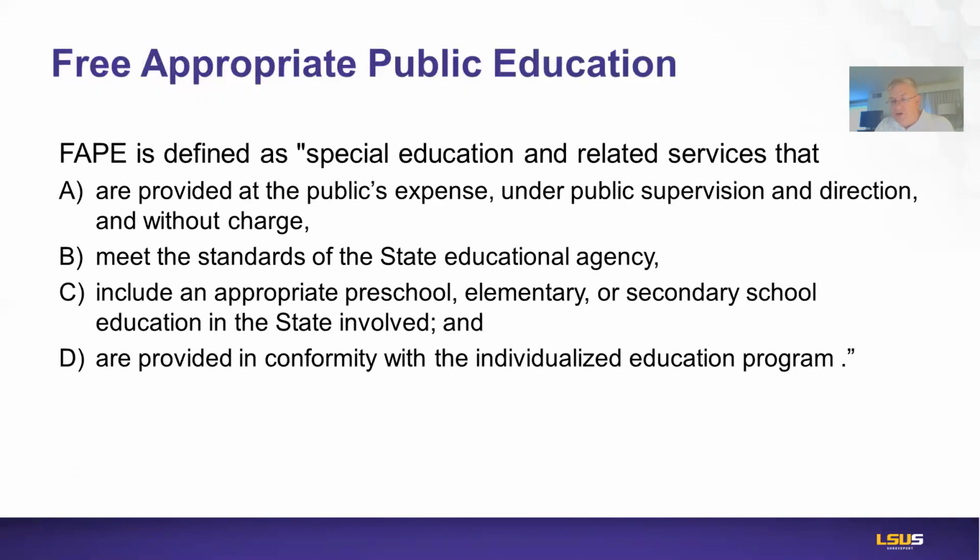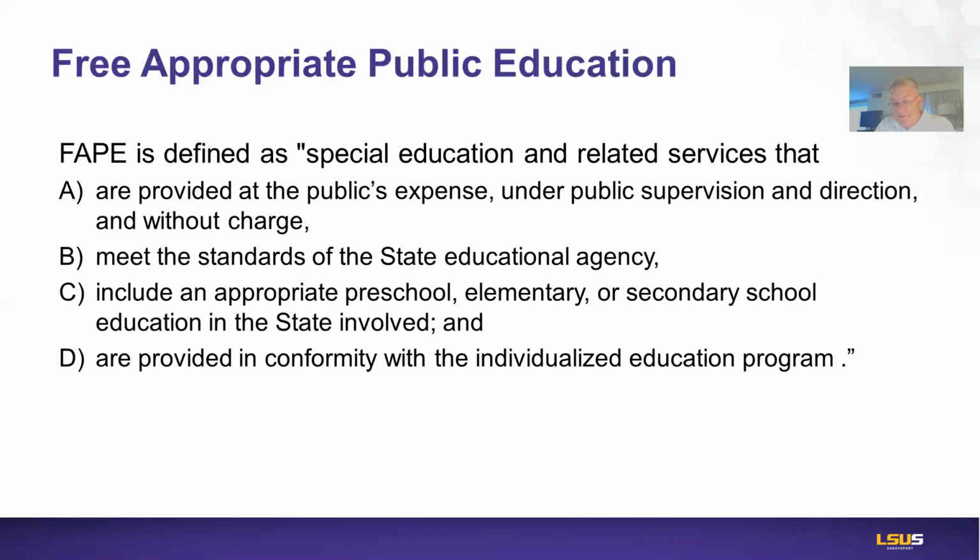We can't charge students for providing them these services, nor can we deny a student the services that their IEP says they need, just based on the fact that it's expensive or that we can't pay for it.